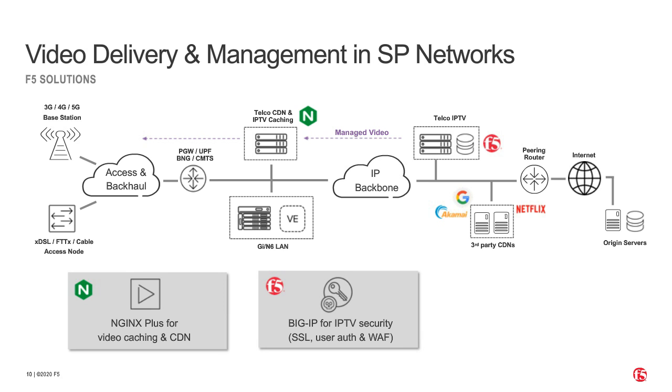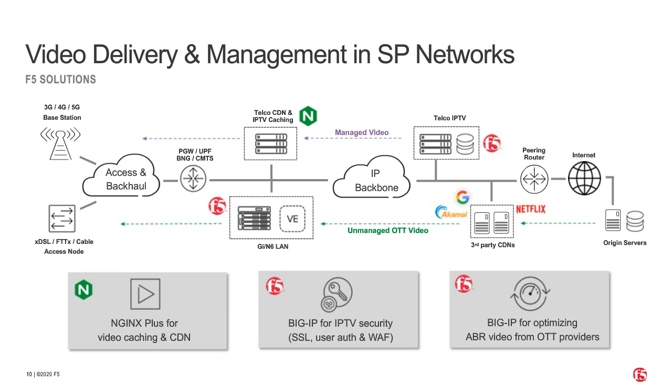What we are going to touch on during this webinar is more on the unmanaged side. It's unmanaged OTT video, as you saw in the beginning of my presentation. We are going to talk about traffic that is over-the-top, but which has to be managed from a network perspective, with F5 technology sitting on what is called the Gi-LAN on the 4G access network, or the N6 LAN, where we're going to talk about 5G.